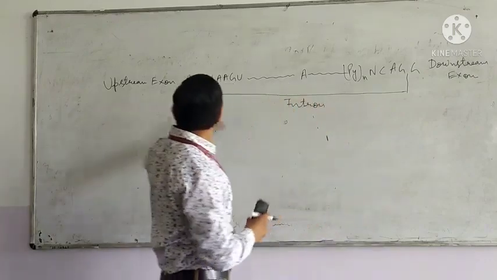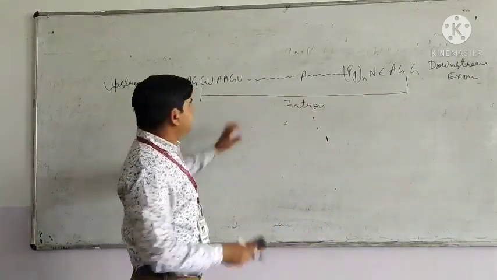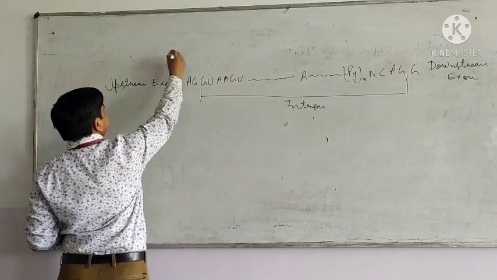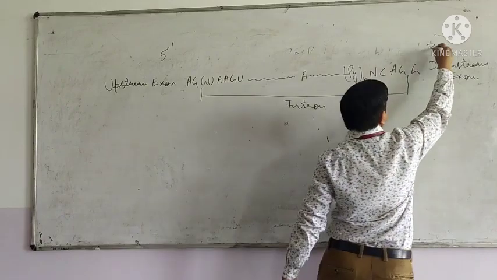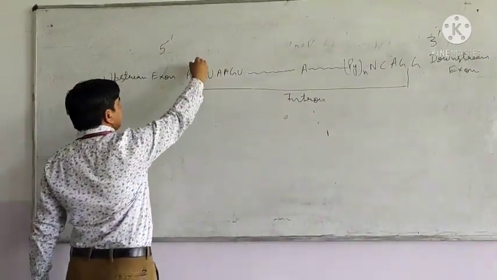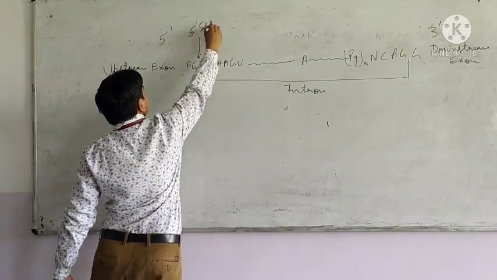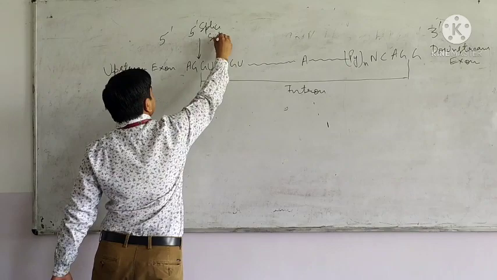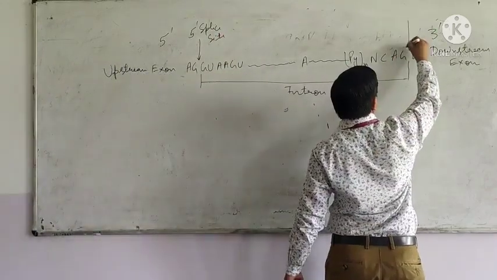So there are two exons, upstream and downstream, with an intron between them. The upstream side is 5 prime and the other is 3 prime. Splicing occurs here at the 5 prime splice site, and this is the 3 prime splice site.